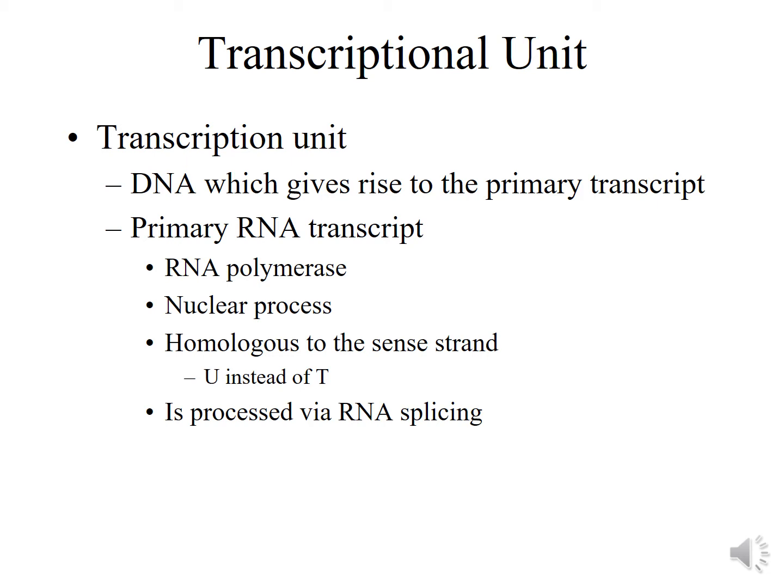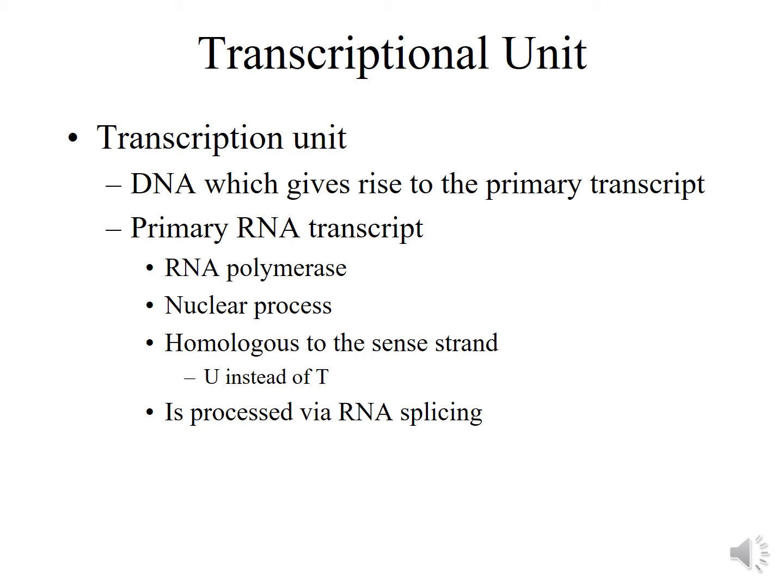Thereafter, the primary RNA transcript undergoes a series of processing events that give rise ultimately to the mature RNA transcript. So keeping in mind this process of transcription, whereby we take that information from the DNA strand and produce the primary transcript, which is homologous to the sense strand of the DNA.